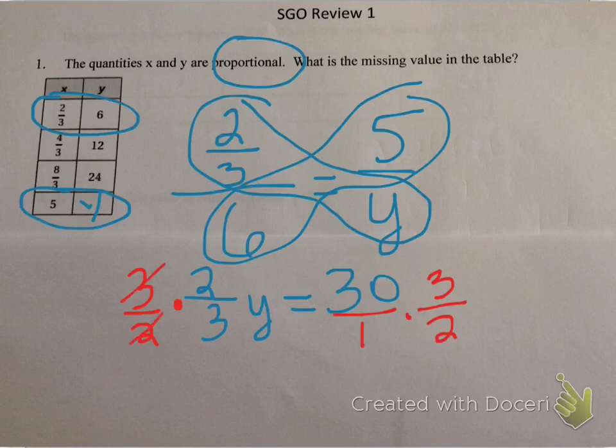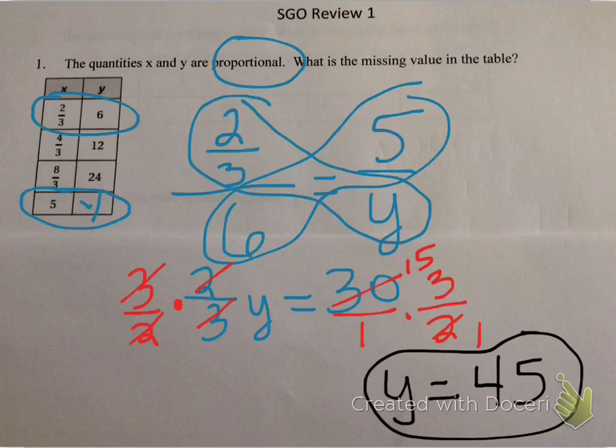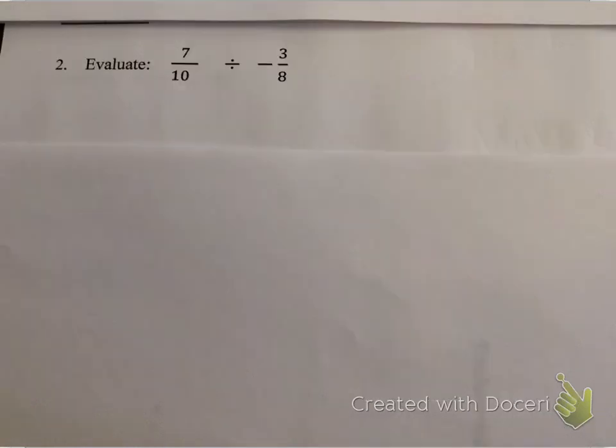This side cancels out. On this side, I have my 2 divided by 2 is 1. 30 divided by 2 is 15. And when you multiply across, you have y equals 15 times 3 is 45. And there's your answer for number 1.